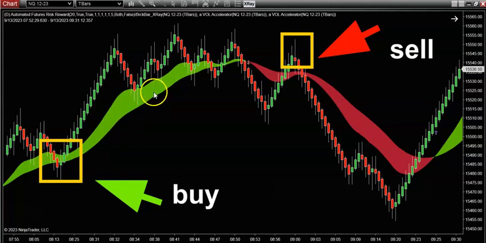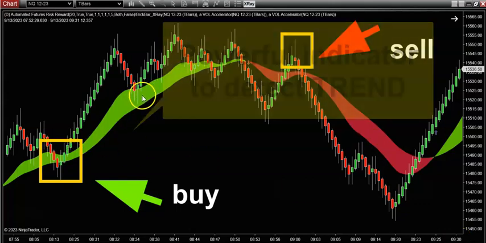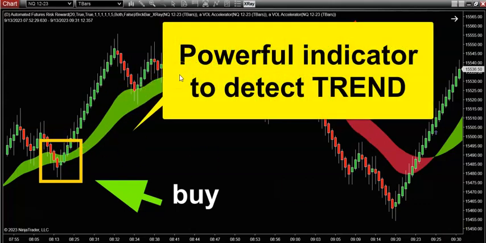And of course, what you're seeing overlaid on top of the chart is our volume analysis tool. This green and red color band is designed to tell you one thing and only one thing, and that is what direction the market is trending. In order for this indicator to color itself green or red, it needs to be able to detect volume, and that's what this indicator is simply superb at doing.